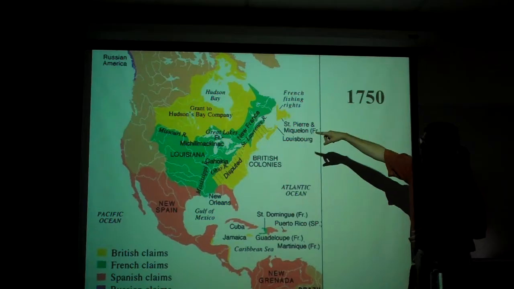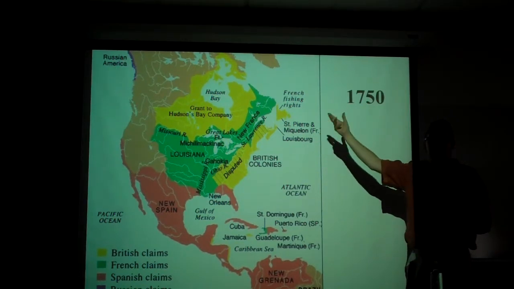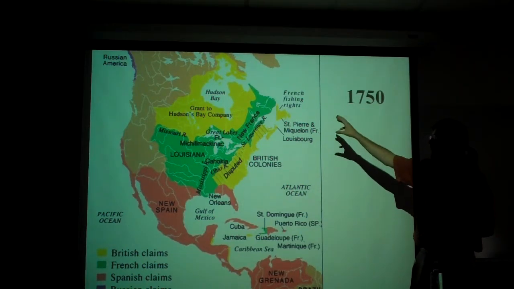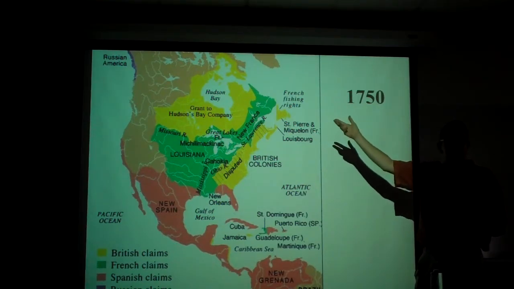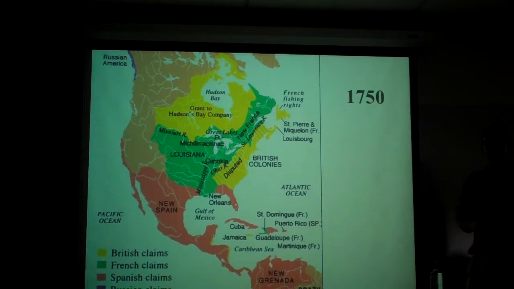And so you see that part up there in the far north, and you shouldn't really think of that as a great advantage because it's bitterly cold up there, and the British used that primarily for a fur trade that they had got into as well. So that's very sparsely populated. Almost no British people actually up there.